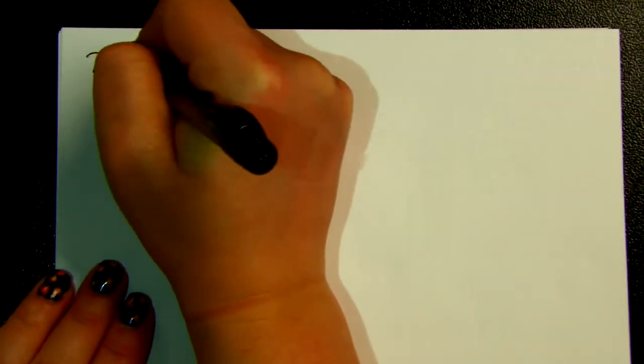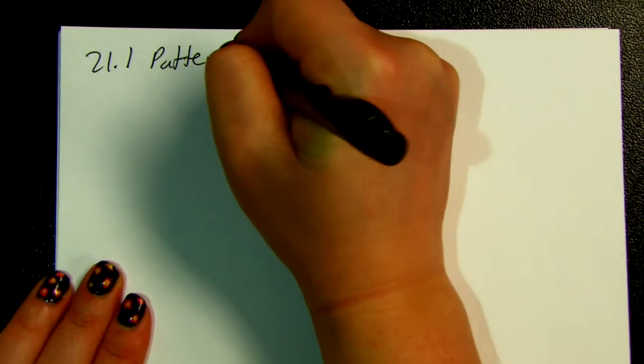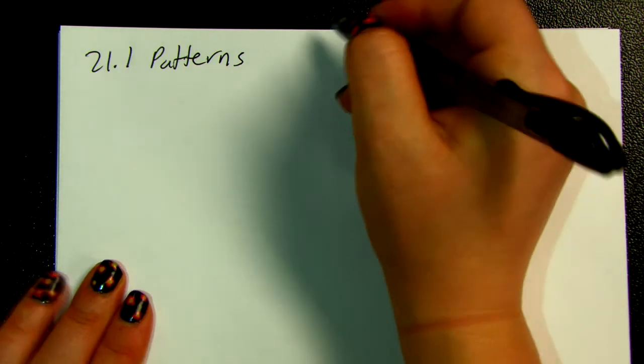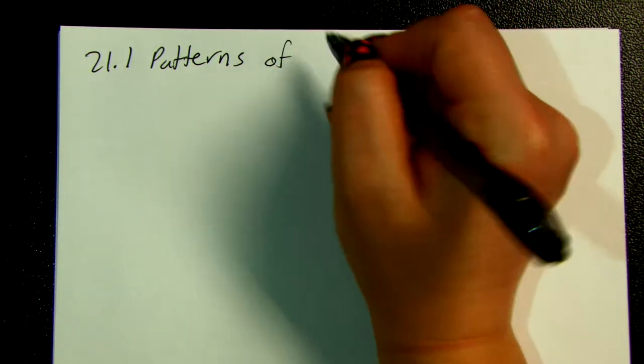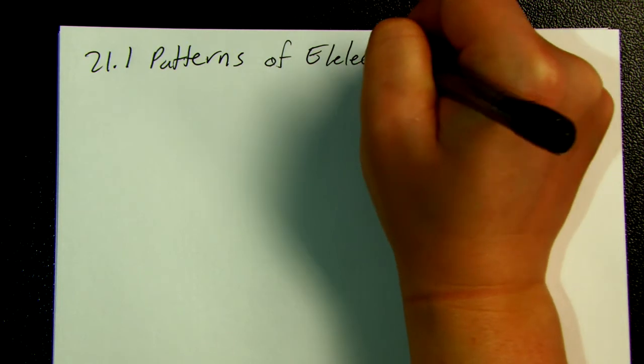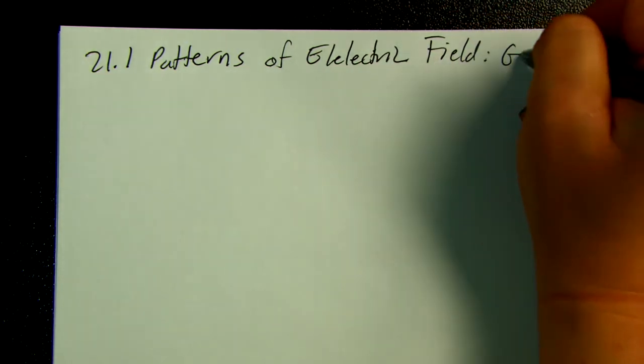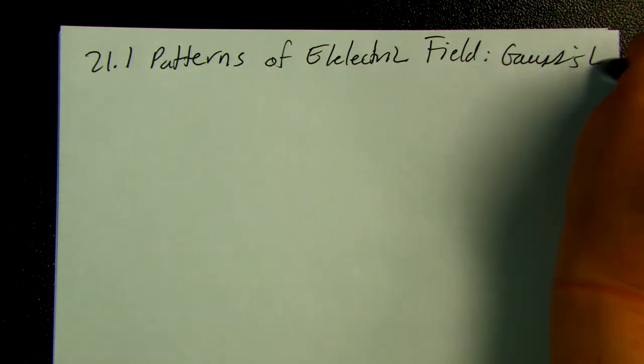All right, so moving on. Where I am following the book, you'll see that I'll be writing the headings up top, and where I deviate, you'll just kind of see nothing. So patterns of electric field, which is going to take us to Gauss's law.